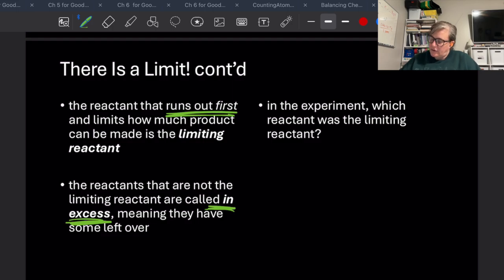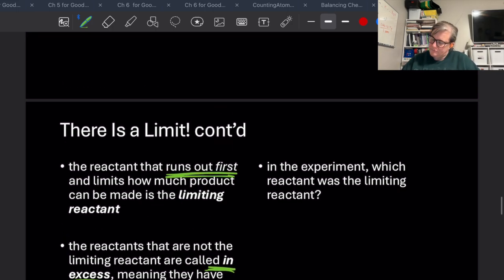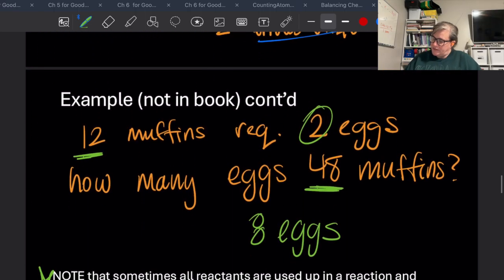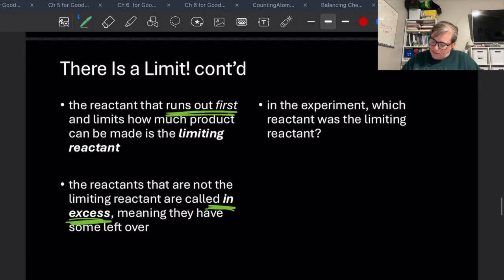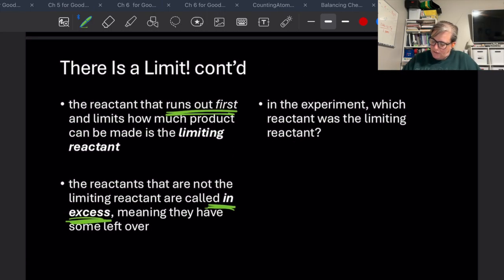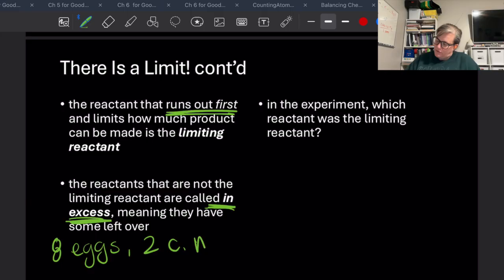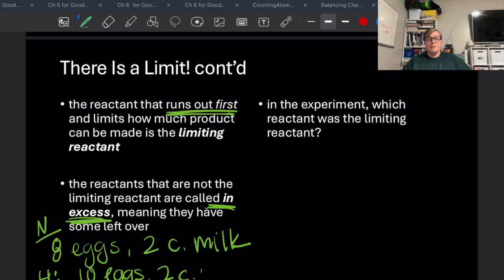Like back in our muffin example. If our muffin recipe needed 8 eggs and 2 cups of milk, and we have 10 eggs and 2 cups of milk, then when we're making those muffins, the milk is going to run out first.